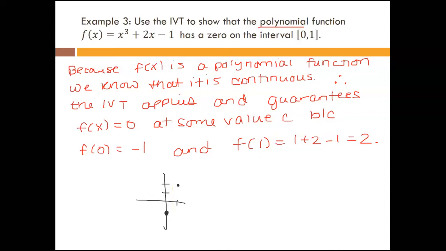It might cross one time, but it has to cross at some point because it has to get from the beginning to the end. I cannot get to that upper point at 1, 2 without crossing the x-axis, which is where f of x equals 0.